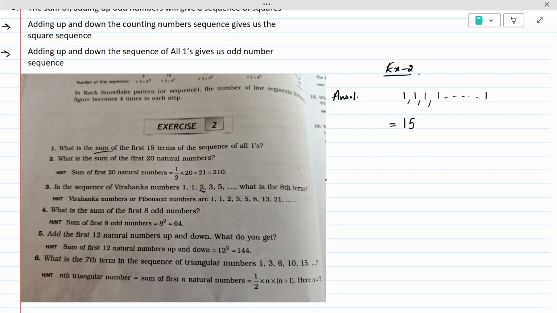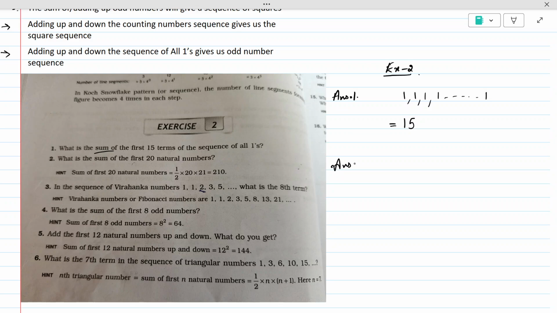Right? So kids, you understand this? Since it's a sequence of all ones, at every place we have 1 only. And if we are adding 1 15 times, because we have to find the sum of 15 ones, we will get 15 only. Okay.